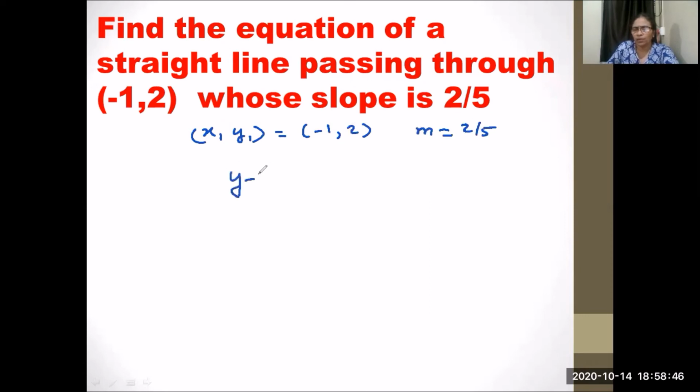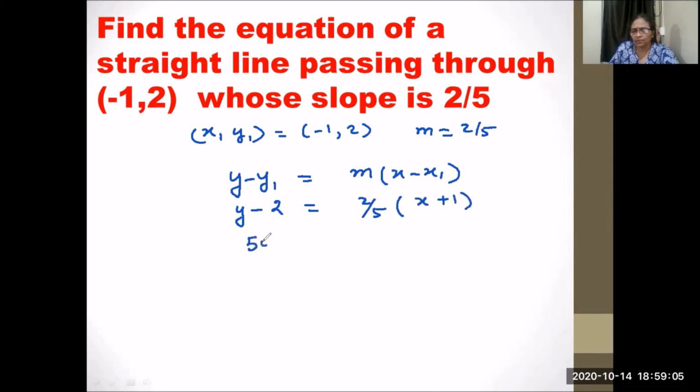We know that the formula is y minus y1 is equal to m into x minus x1. Put the values in y1 and x1. y minus 2 is equal to 2 by 5 into x minus of -1, which will become +1.